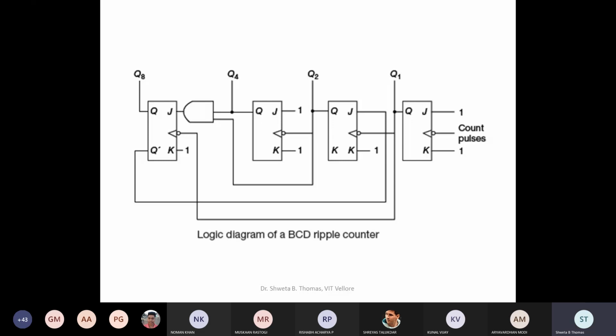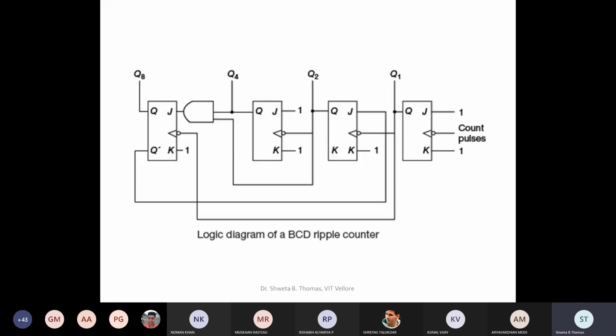Same thing you can see for Q2 also. See the Q8. If Q8 is equal to 1, then for Q2, J is equal to 0, because the Q complement of the last one is given to the J value of the second one. So it will be reset when the last Q8 is equal to 1, then Q complement will be equal to 0.